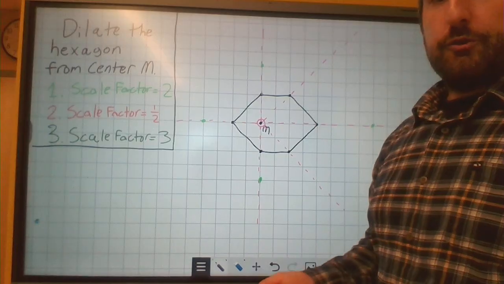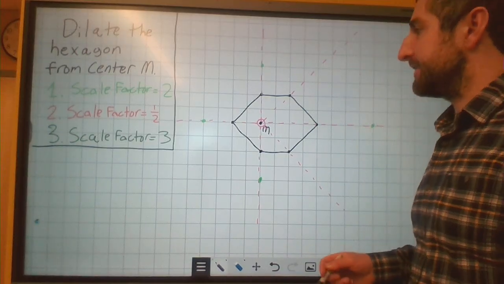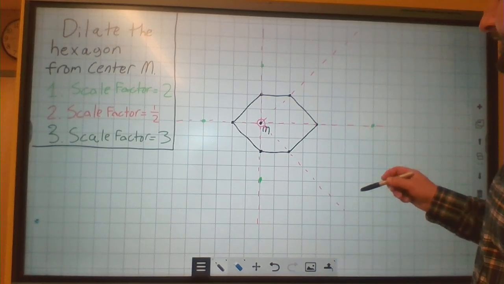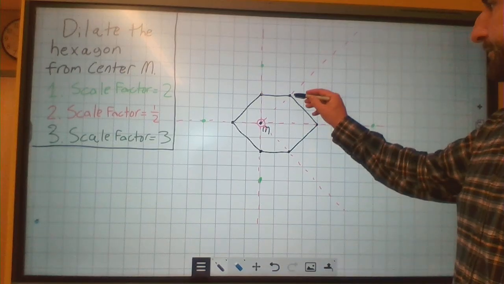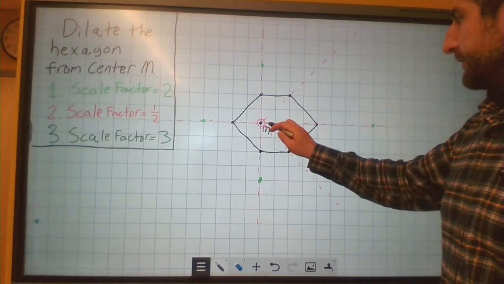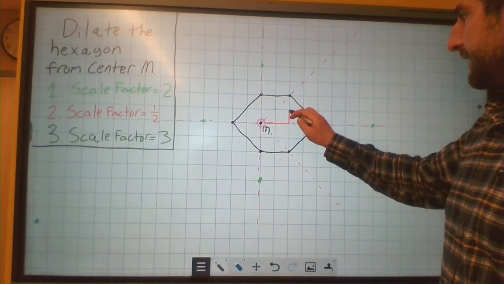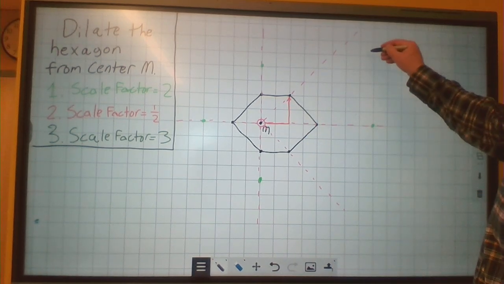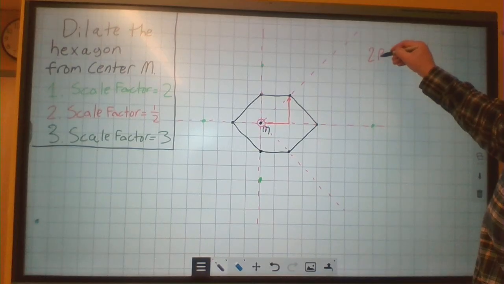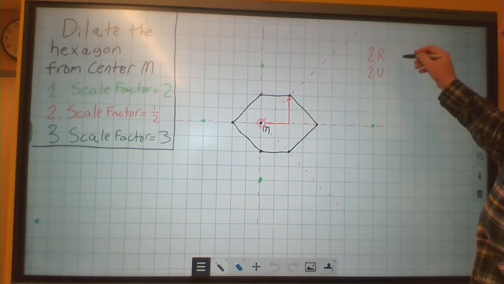Now we still have 2 diagonal distances to take care of. So let's look at each of them. Well, from M to this point, it's 2 to the right and 2 up. So we can put down that it's 2 to the right and 2 up.